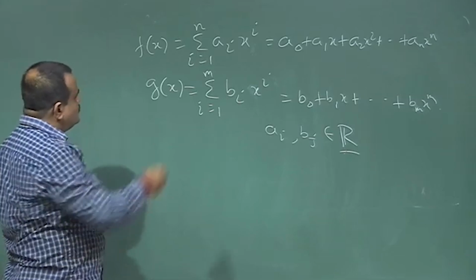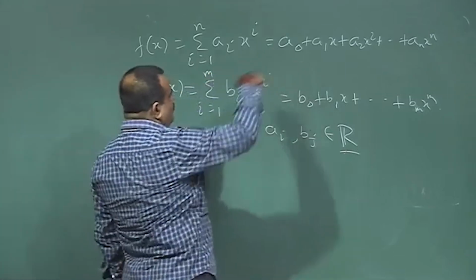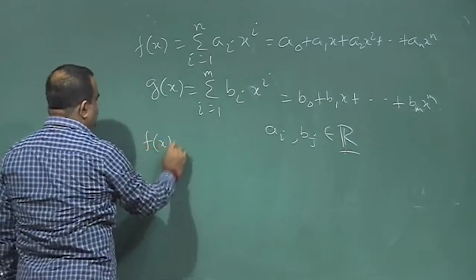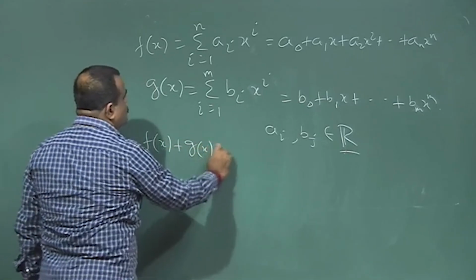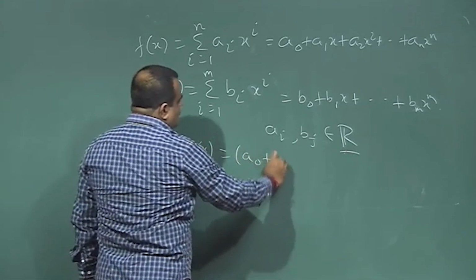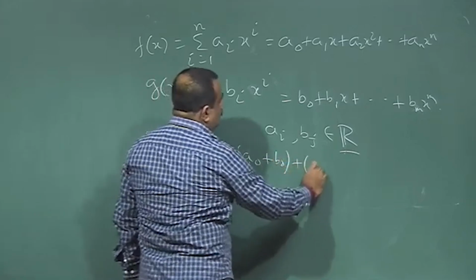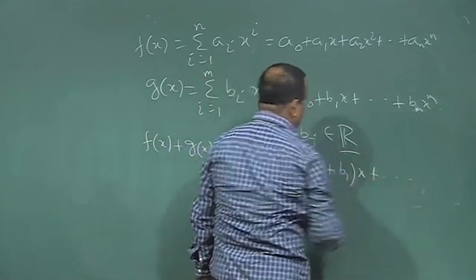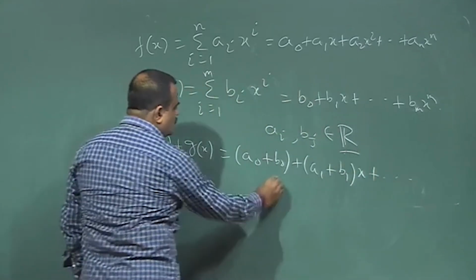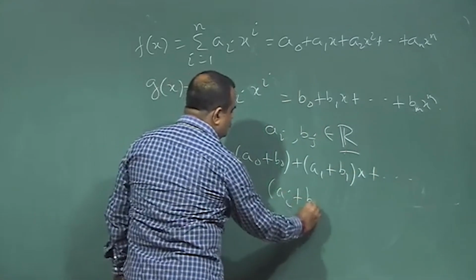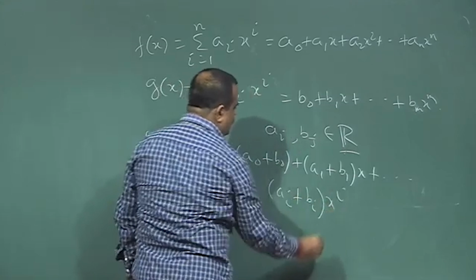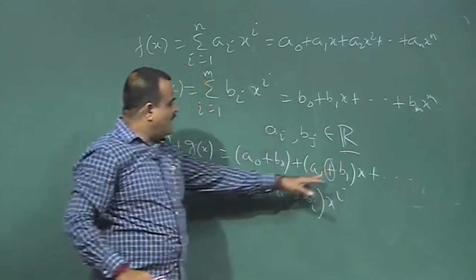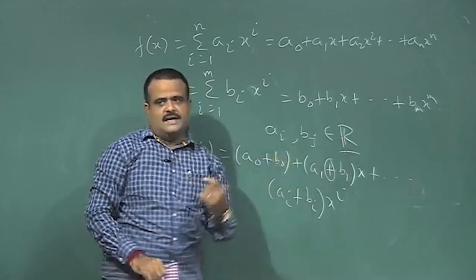So, the addition is simply the addition of the coefficients. f(x) plus g(x) is basically (a0 plus b0), (a1 plus b1) x, like this. So, (a_i plus b_i) x to the power i. This plus is the field addition operation or the ring addition operation.